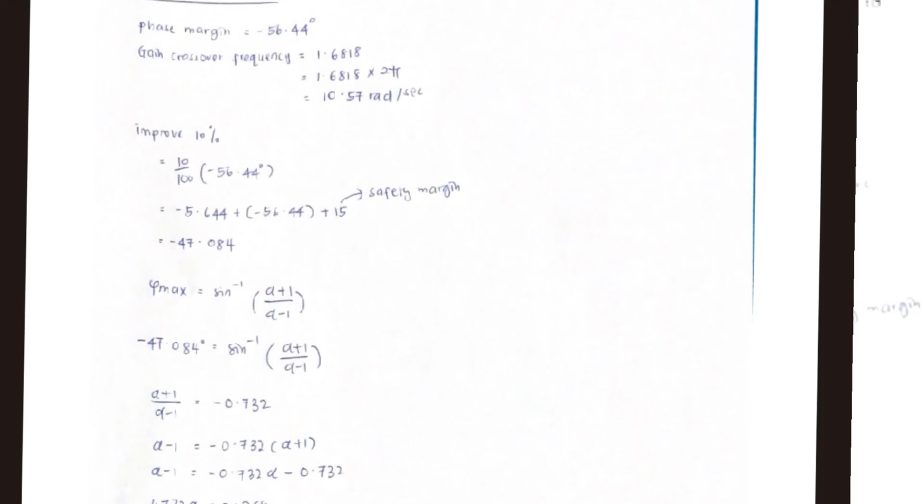control system. I would like to explain the second question, which is how to improve the phase margin by 10% using the lead compensator. The phase margin we got here is from the first Bode plot, which is negative 56.44.